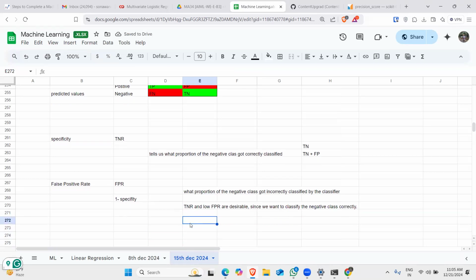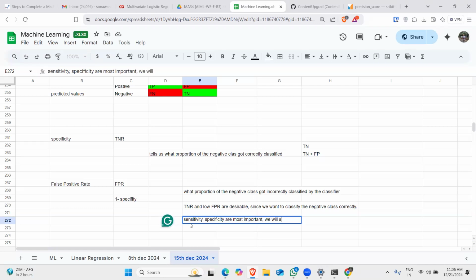And out of this metrics, perhaps sensitivity and specificity are most important.